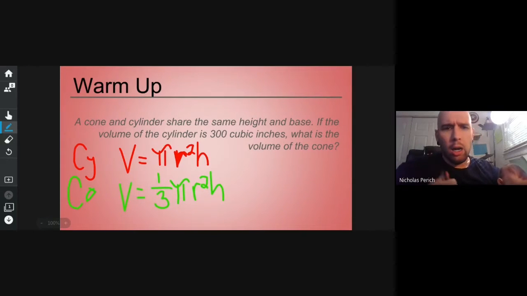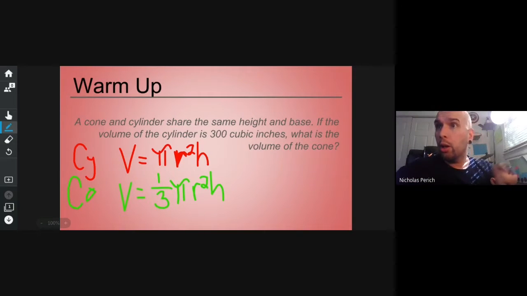So simply put, if I know the volume of a cylinder is 300, what's the volume of a cone? If it's just 1/3 of that of a cylinder, put it in the chat, please.